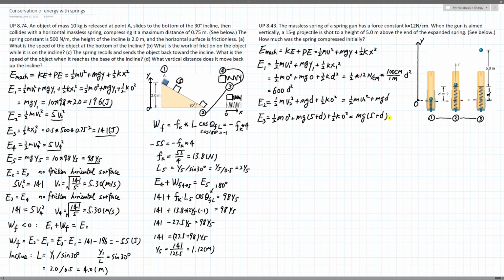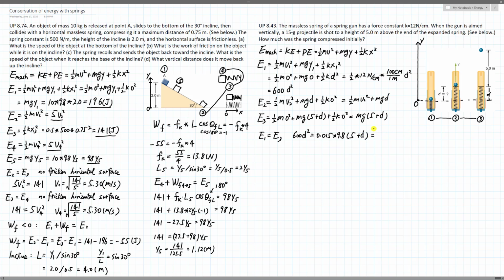So let's do this, E1 and E3. E1 equals E3. This gives us 600d squared equals mass is 15 grams, so 0.015 kilograms times 9.8 times 5 plus d.